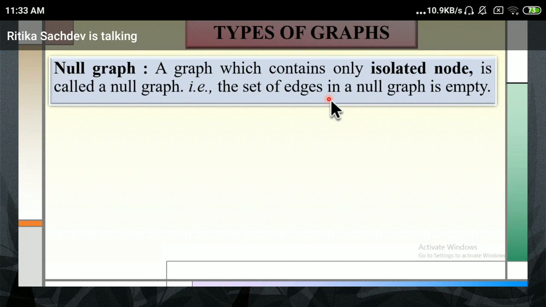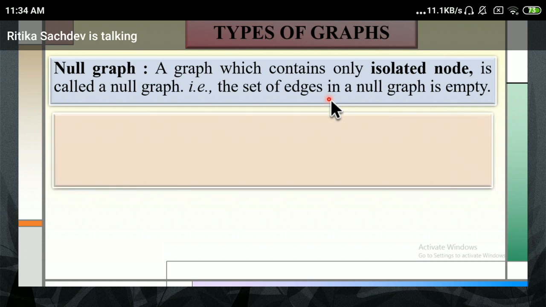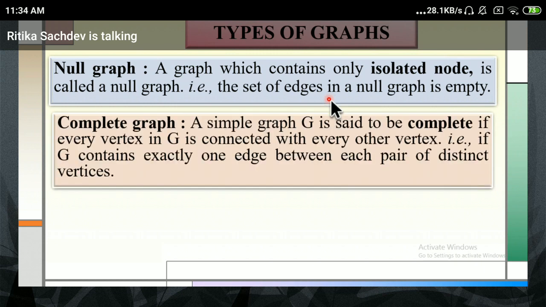Please note all the theorems which I'm doing are for a simple graph. So do not tell me that if there is a graph having one node, then I can draw loops. Loops are not allowed. So we're talking about simple graphs. A graph which contains only isolated nodes, where an isolated node means its degree is 0, we call a null graph.